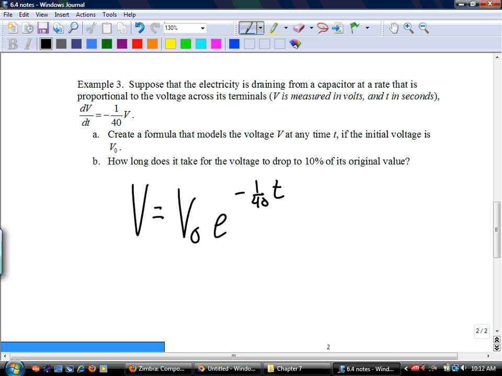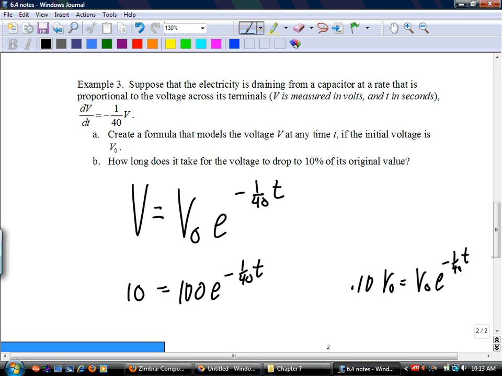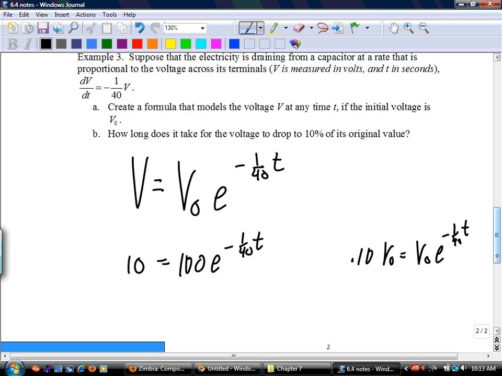B, how long does the voltage take to drop to 10% of its original value? So if you start with 100%, do I want to do this like a university prof, or do I want to do this like a high school teacher? You get the same answer because the next step is exactly the same. You get 0.10 equals e to the -1/40 t.